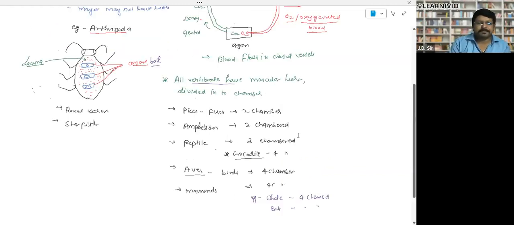So tell me, is it clear? Chamber, you can note it down. Examples you can note. That is important. Whale and bat.